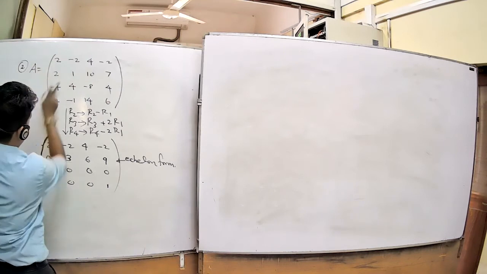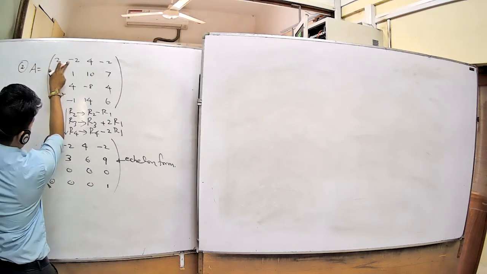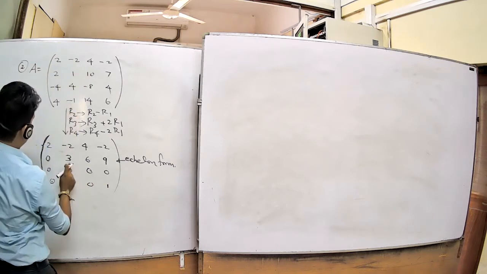There minus 4 plus 4, 0. Here minus 2 means 4 minus 1, 3.